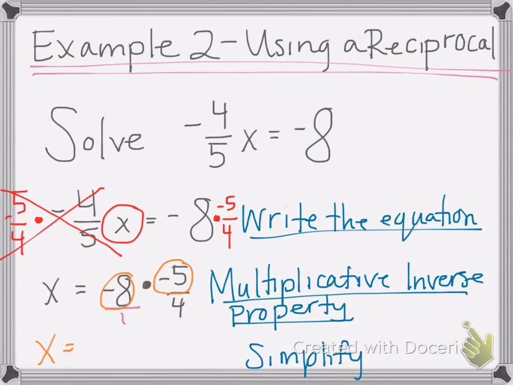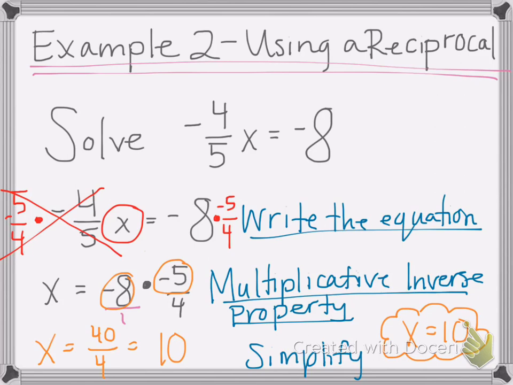It is positive 40. What's 1 times 4? 4. Can I simplify further? Yes, I can. 40 over 4, if I simplify that, I will get 10. So x equals 10. Does that make sense? If it doesn't, rewatch it. And if it still doesn't, raise your hand and talk to me.